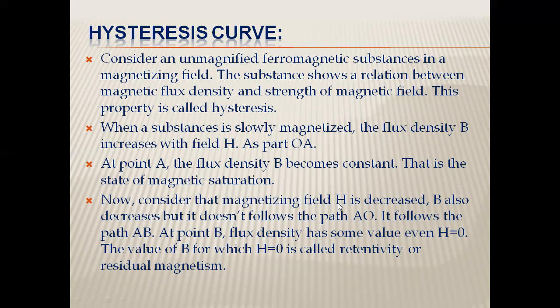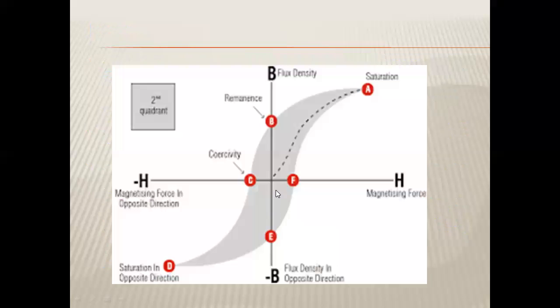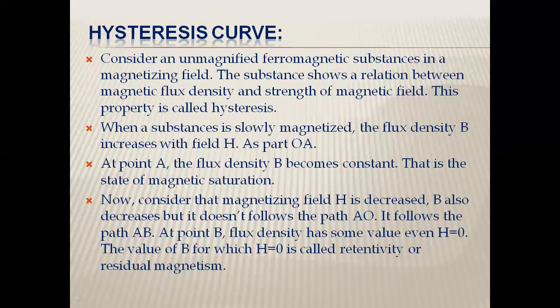Now, consider the magnetizing field H is decreased. B also decreases but does not follow the path AO. It follows the path AB. If you decrease the applied magnetic field intensity, instead of following the same path along which it increased, it follows another path and decreases to point B instead of the origin.